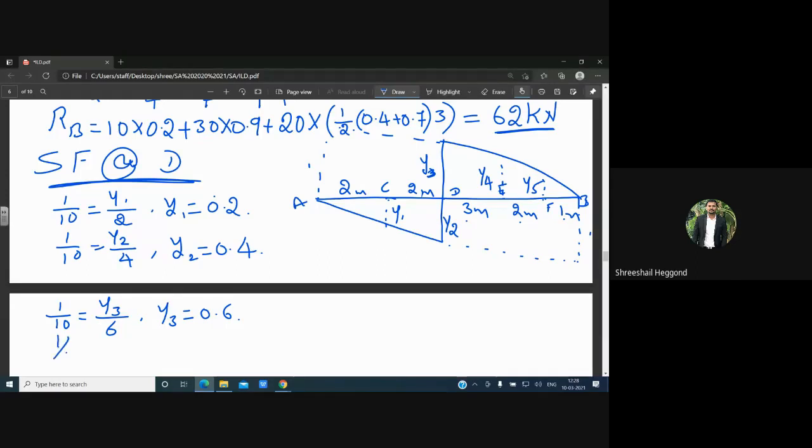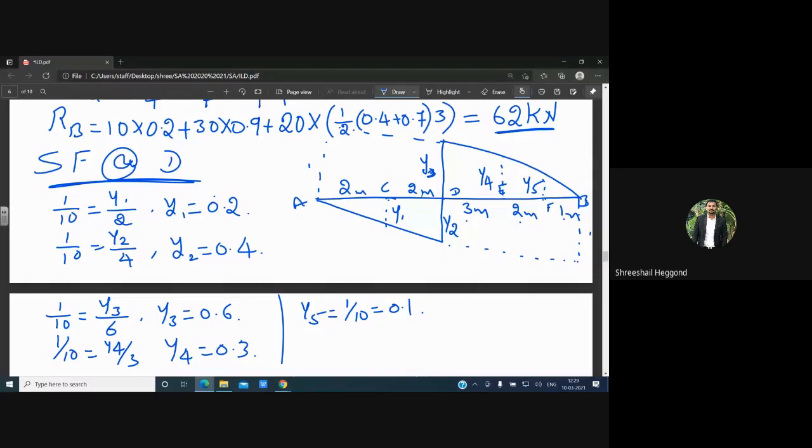Similarly, y4: 1 divided by 10 equals y4 divided by the remaining distance of 2 plus 1, that is 3. So y4 is 0.3. Similarly, y5 is equal to the remaining distance of 1 divided by 10, or 0.1.